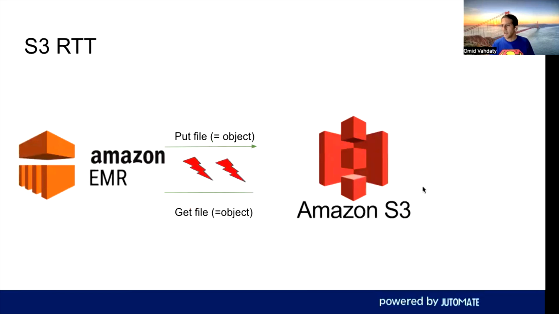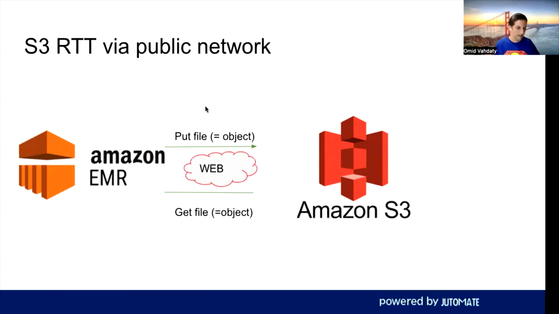The problem with S3 is RTT, round trip time, meaning from your EMR cluster back and forth, because your bottleneck becomes not the disk speed, but rather your network bandwidth. So if you are using a public network, you have the bottleneck of going through the internet from EMR to S3, back and forth, back and forth.